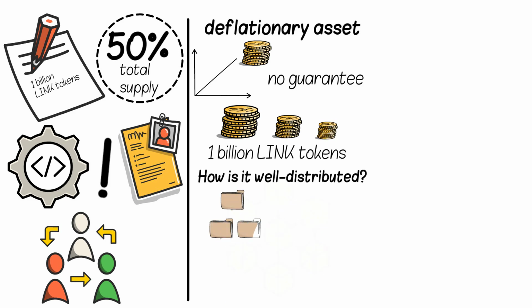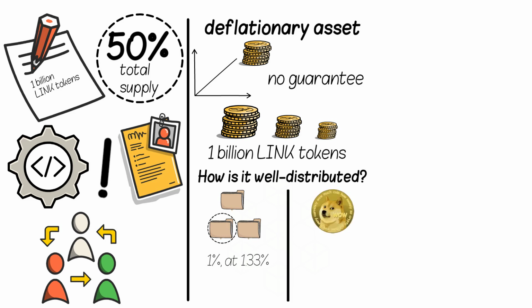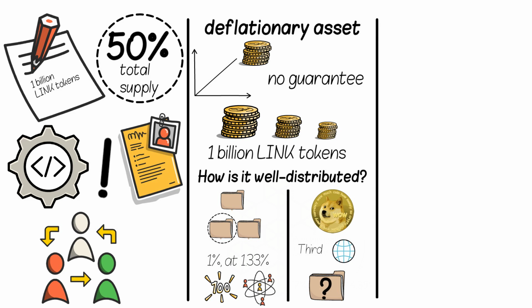Looking at all the Chainlink wallets, we can see only one unidentified wallet which holds more than 1% at 1.33% of the total Link supply, compared to a project like Dogecoin, which when looking at the 5 largest Doge wallets, we can find wallets with 17%, 10%, and 4.35% of the total Doge supply. Meaning nearly a third of all available Doge tokens on Earth are sitting in one of these 3 unidentified private wallets. By comparison, Link's token distribution looks exceptional because it is more evenly spread out amongst Link holders.